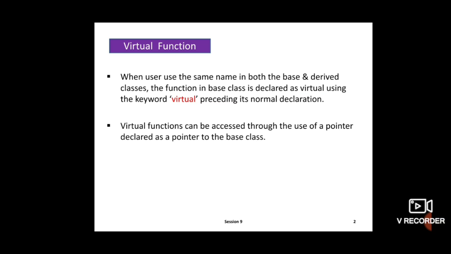Virtual functions can be accessed through the use of a pointer declared as a pointer to the base class. What do you mean by this statement? Student, normally you now know how to invoke a member function. Already we have seen how to declare a member function, how to write the definition of that member function, and how to invoke it. How do we invoke a member function in a class?